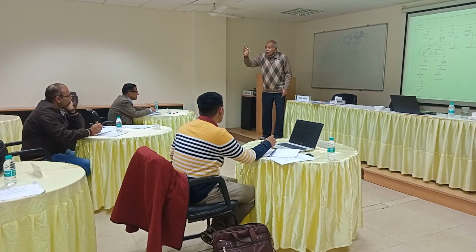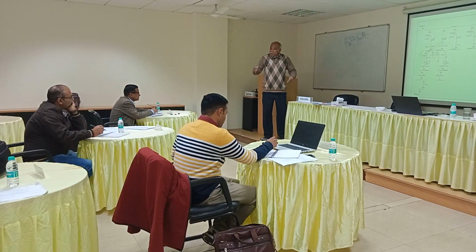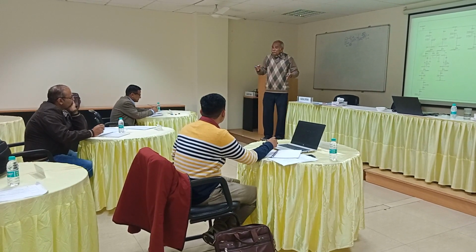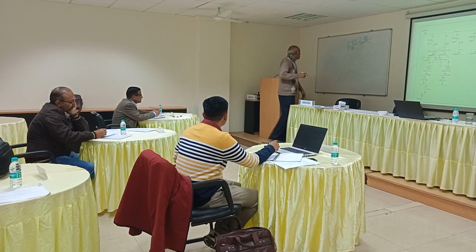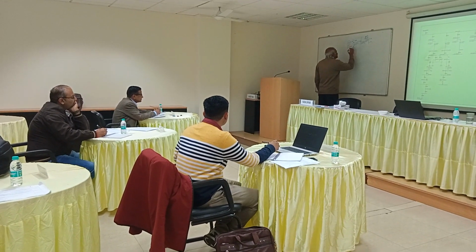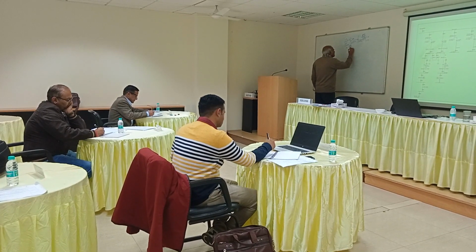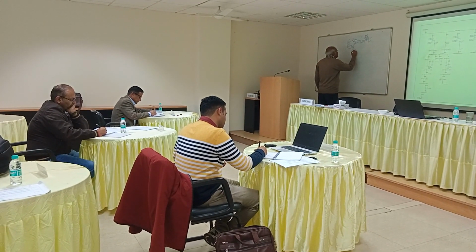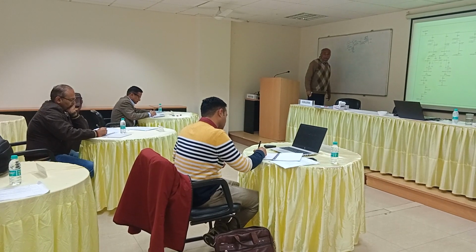Am I clear to you or not? Because you have forgotten so many things over the process. So how to verify it? kV square by MVA: 11 square divided by 250. How much does it come to?